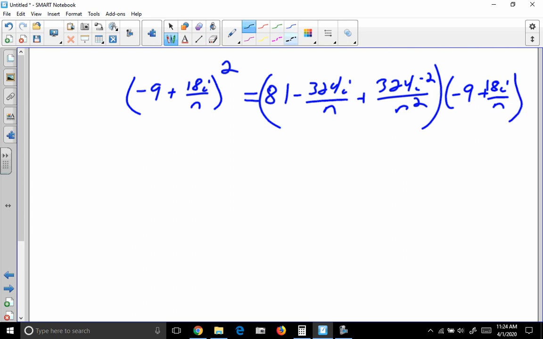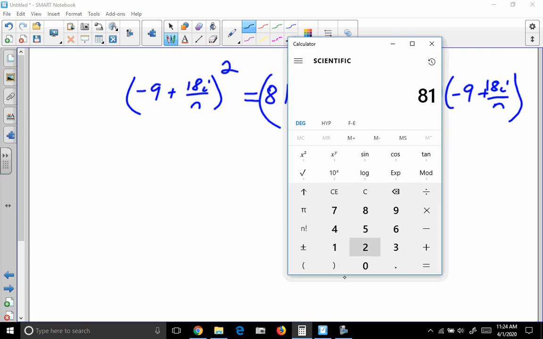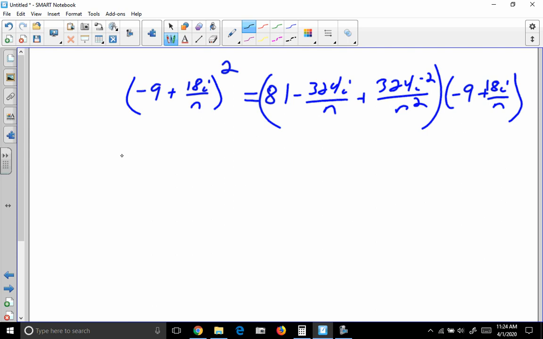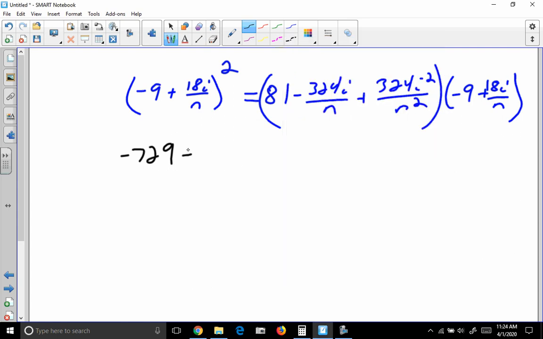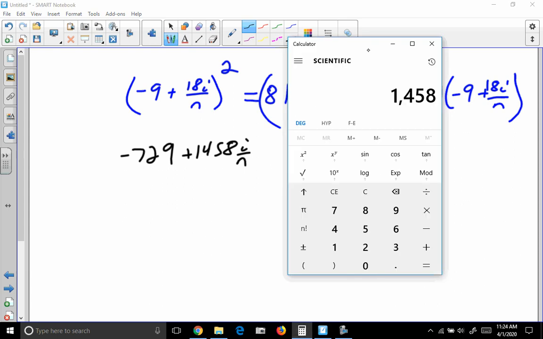So now we just need to distribute 81 times -9, so -729. 81 times 18i over n, so 81 times 18 is 1,458, and that's i over n. Then negative 324 i over n times negative 9.